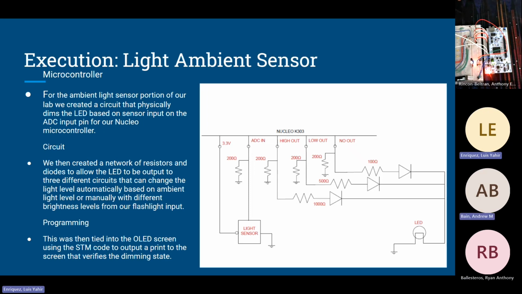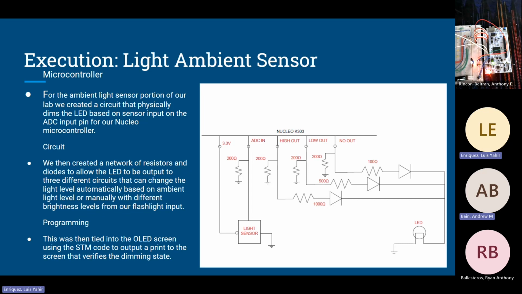Now for the ambient light sensor, I created an ADC input with the light sensor that, depending on the ambient light levels, will input a higher level of voltage with higher ambient light.